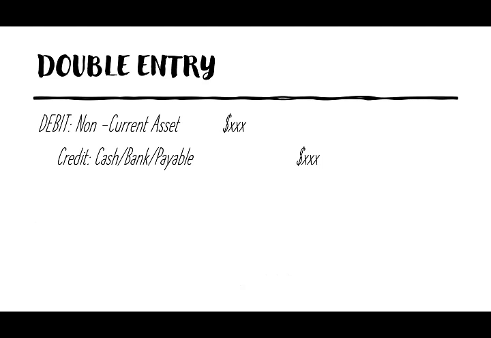If you have paid cash or through your bank, for instance, in that case your asset of cash and bank is decreasing, and we say that the credit entry will be cash or bank. But on the other hand, if you have taken a loan to fund the asset, for instance, we'll say credit bank loan or payable, because as you know, a liability will increase on the credit side.